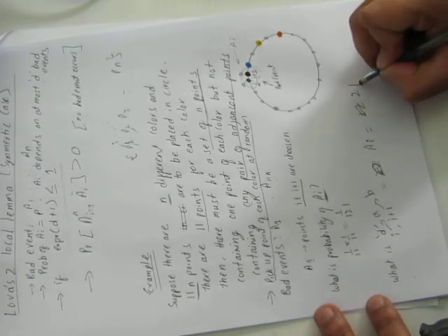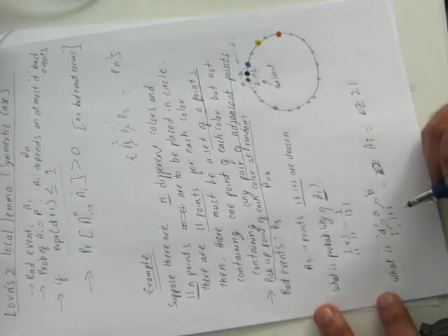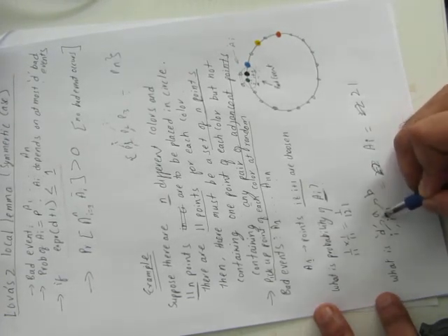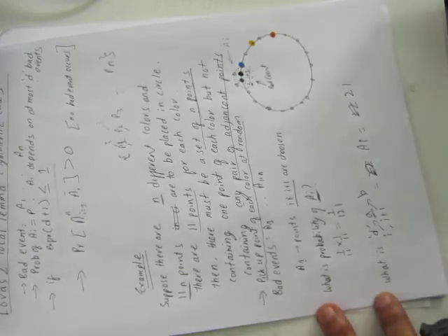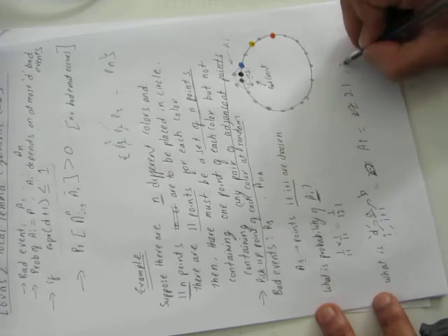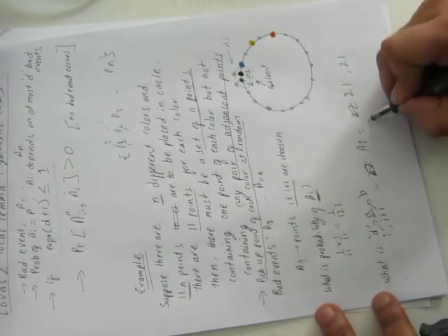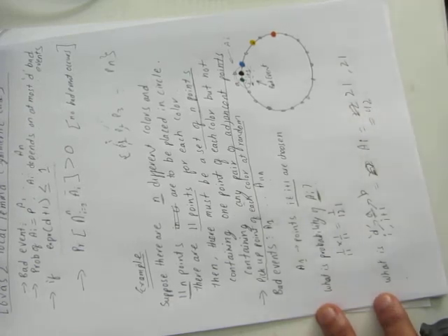There can be 21 other bad events which involve this color A. And similarly, there are another 21 other events that involve B. So in total there are 42 such other events.